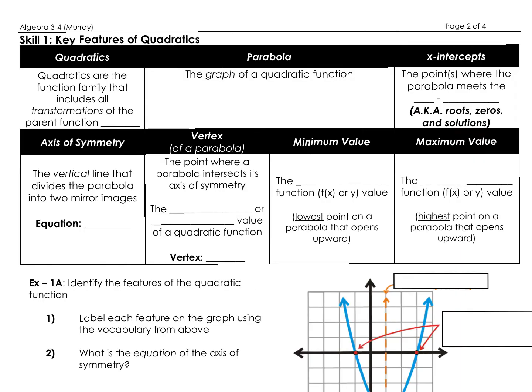So then on this page, we're going to look at the key features of our quadratics. And so quadratics are the function family that includes all transformations of the parent function y or f of x equals x squared. And then the graph of a quadratic function tends to look like a U opening up or a U opening down.